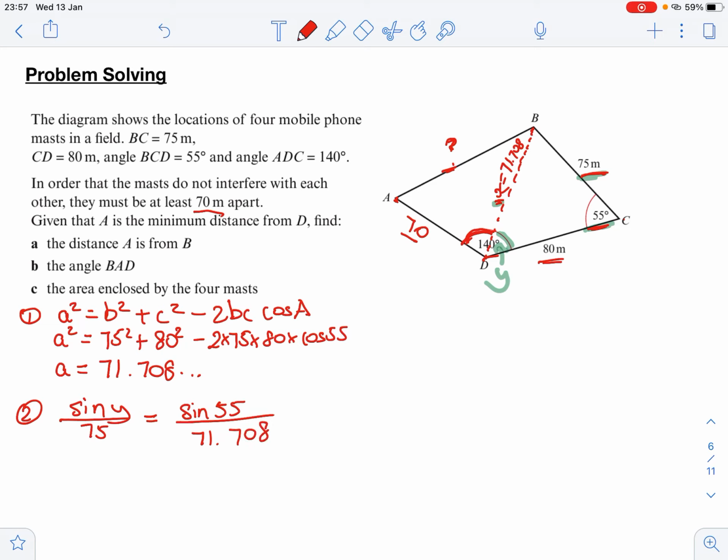We can just rearrange our equation to get y is equal to, multiplying by 75 on both sides, 75 sin 55 over 71.708. So y is equal to sin minus 1 of your answer.